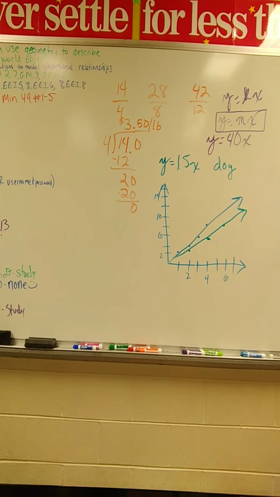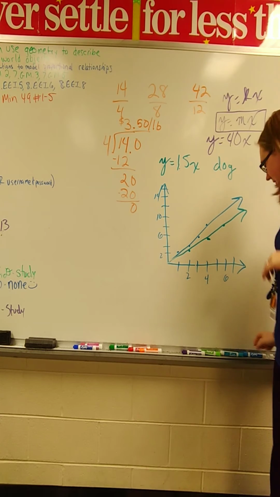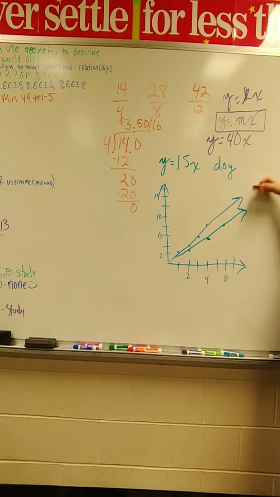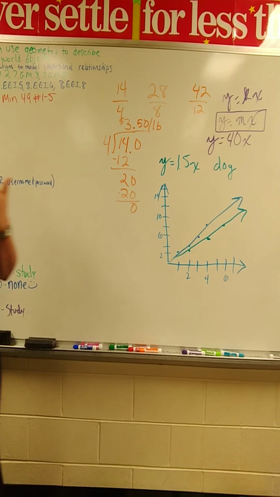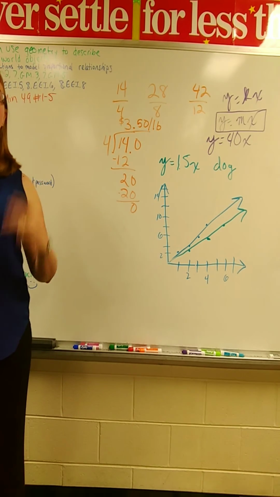Now, here's the other thing. Alright? We can also take the graph that we're given and put that into the form of an equation. So if we take 2 divided by 1, and we find the slope, 2 divided by 1 is 2.